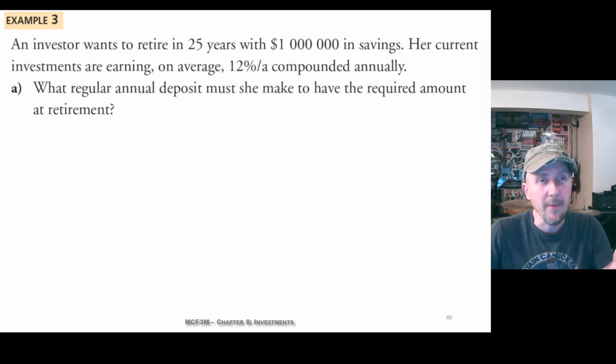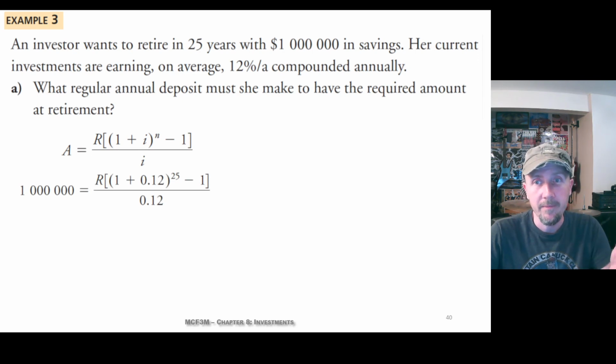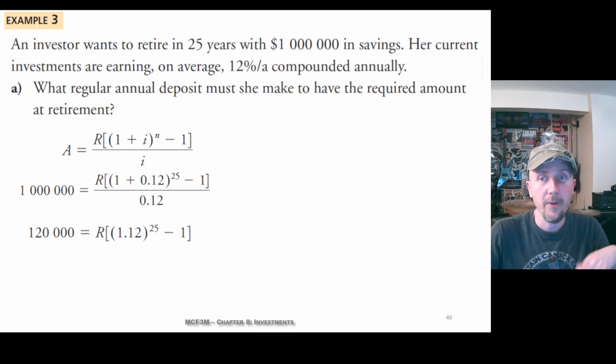I don't know the payment. I know the end amount in this one. So if I'm looking at my formula, I know the A, but I don't know the R. So we might have to sub in and rearrange things here. The first thing I would do is multiply both sides by 0.12. That's what they did there. Then I would solve what's in the brackets.